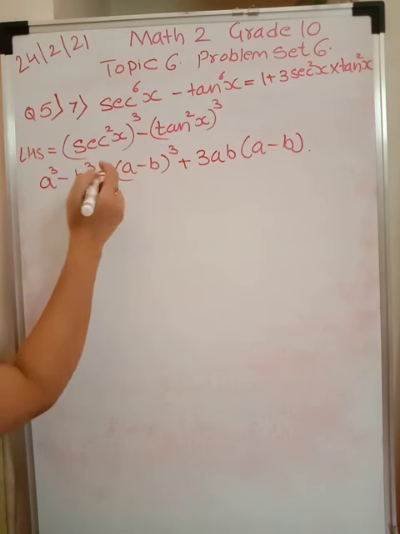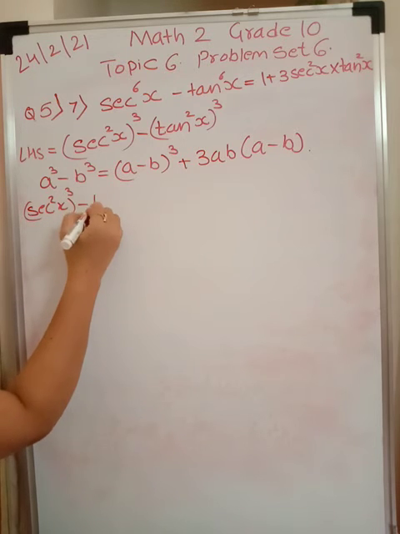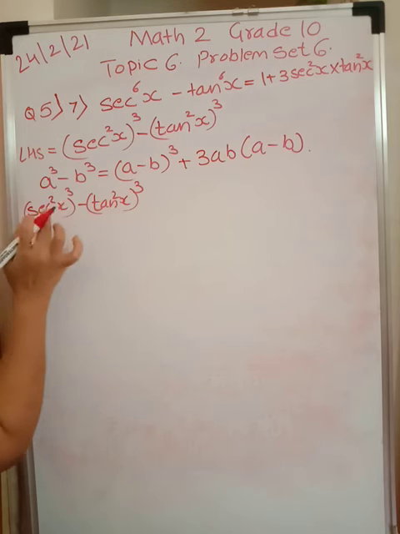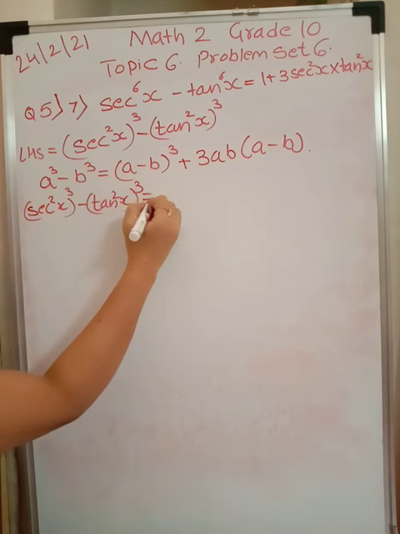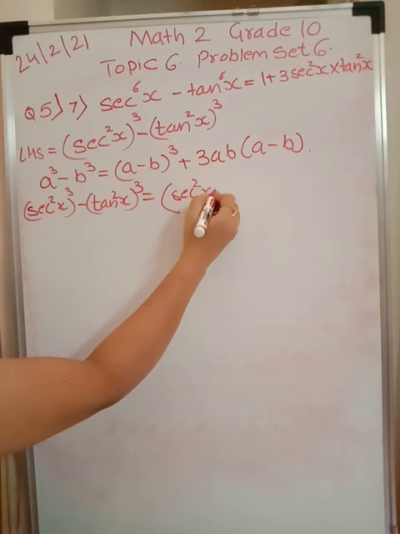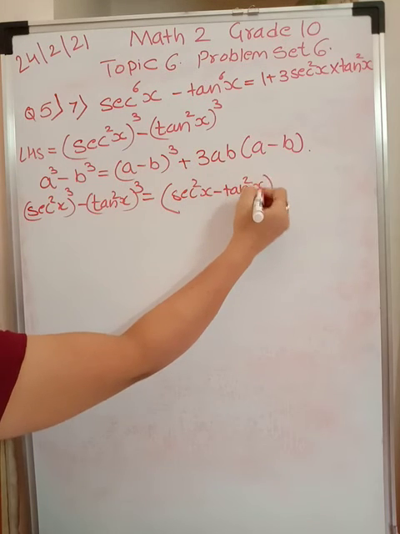Apply this over here. If I write sec square x for a, the whole cube, minus tan square x the whole cube. So this a and this b is equal to, first is a minus b the whole cube. So you have sec square x minus tan square x the whole cube.